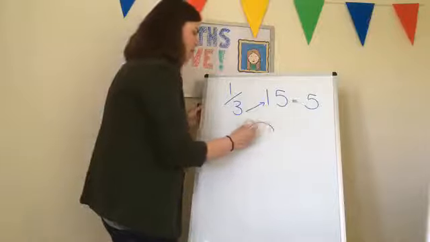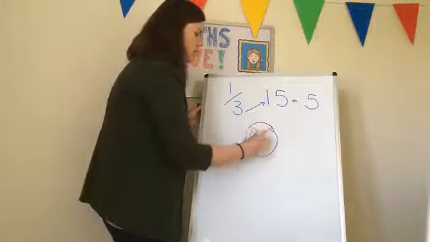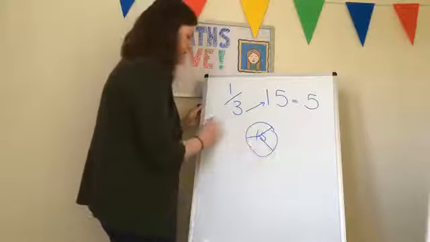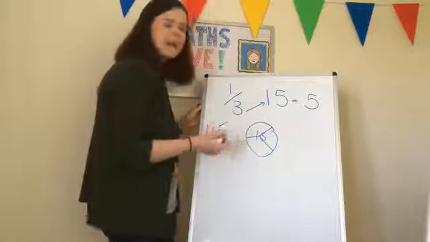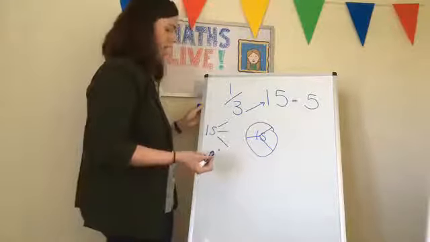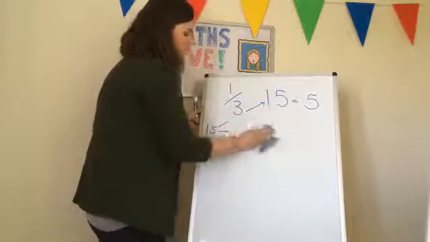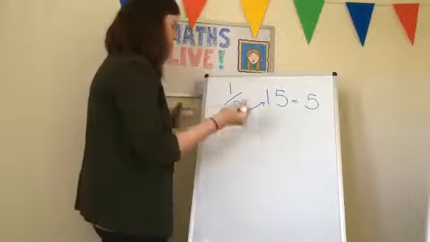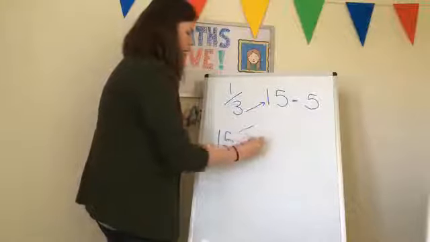Another way, say if you had 15 sweets and you split it between 3 people, how many sweets would they each get? So you could do it that way as well. That's a good way of doing it. So it's 15 sweets, and we've got 3 people and they all need to have an equal amount.